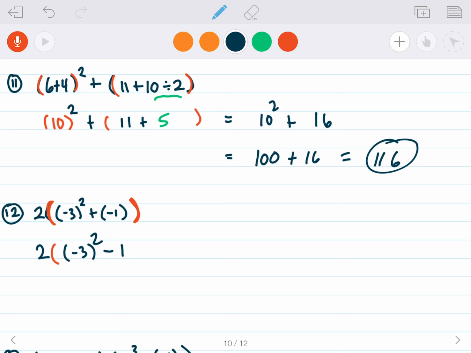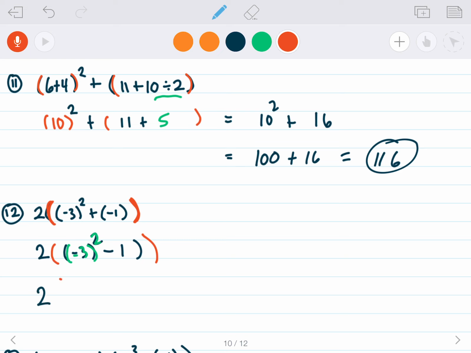So that becomes like that. Now it looks a little bit cleaner. Now what we want to do within the red set of parentheses is the exponent, because exponent comes before subtraction. So negative 3 squared is negative 3 times negative 3, that's a positive 9.